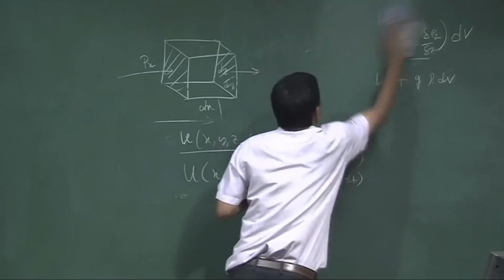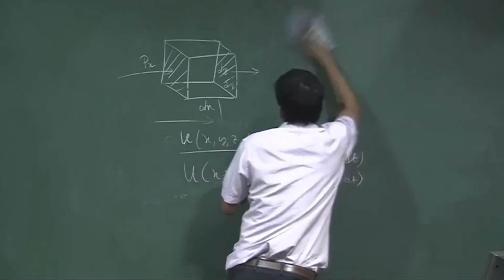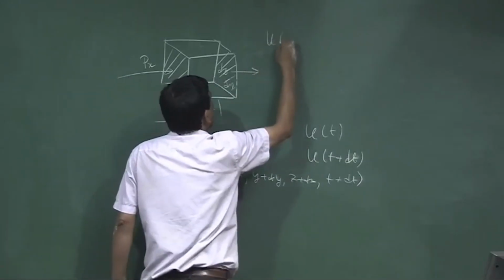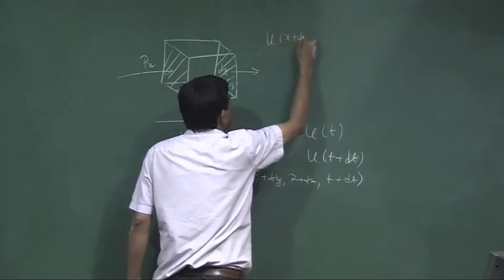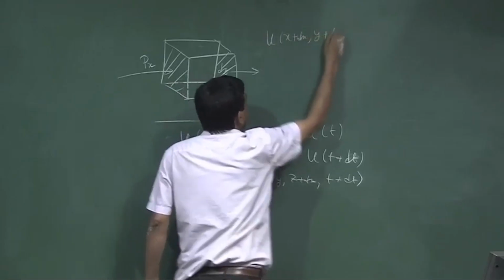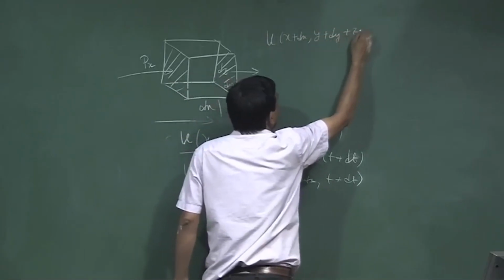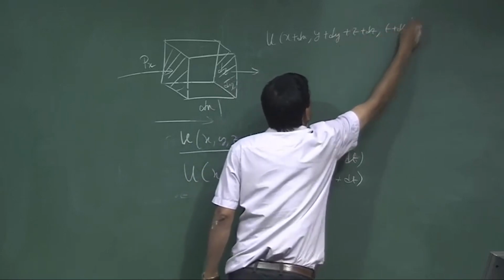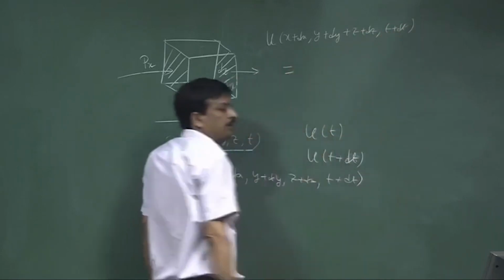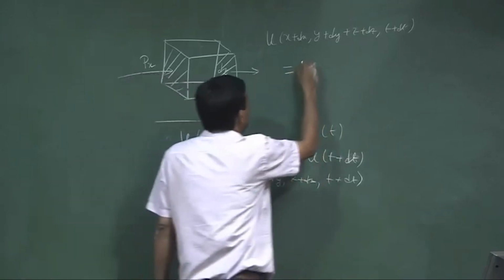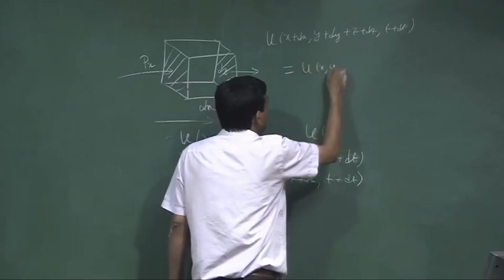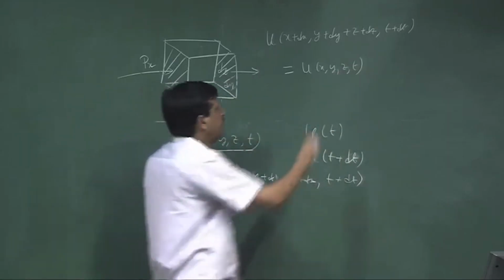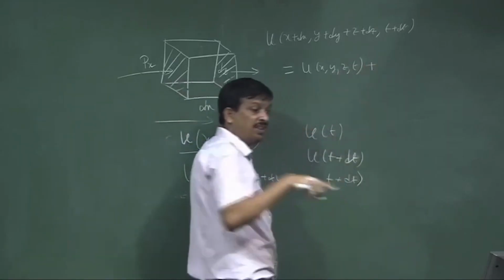I can write that u at x plus dx, y plus dy, z plus dz and t plus dt is nothing but the initial u at x, y, z, t plus the change due to x direction.